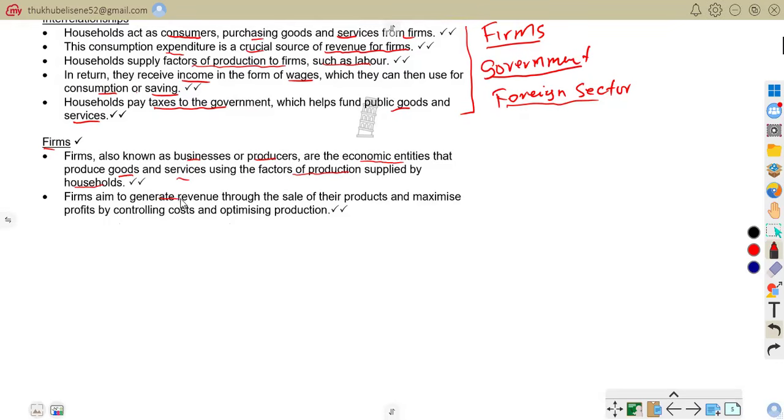Firms aim to generate revenue through the sales of their products. The bottom line is to make revenue and maximum profits by controlling costs and optimizing production.